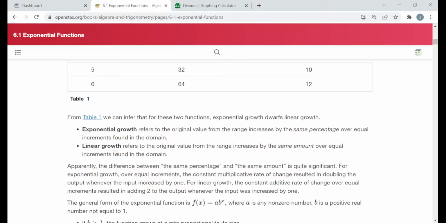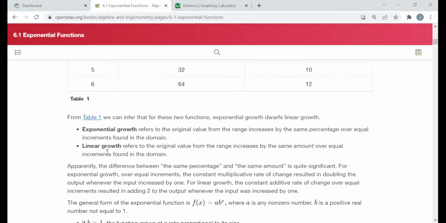You've more than likely seen a linear function. The graph is a straight line. Anything that grows linearly, or has linear growth, refers to the original value from the range increasing by the same amount over equal increments found in the domain.